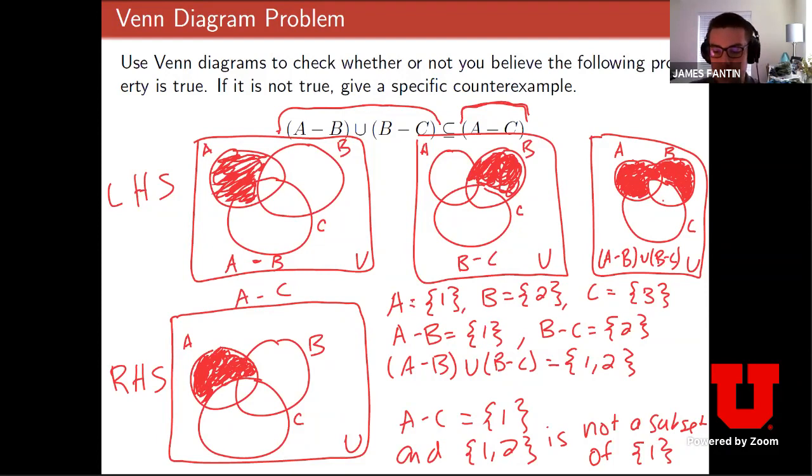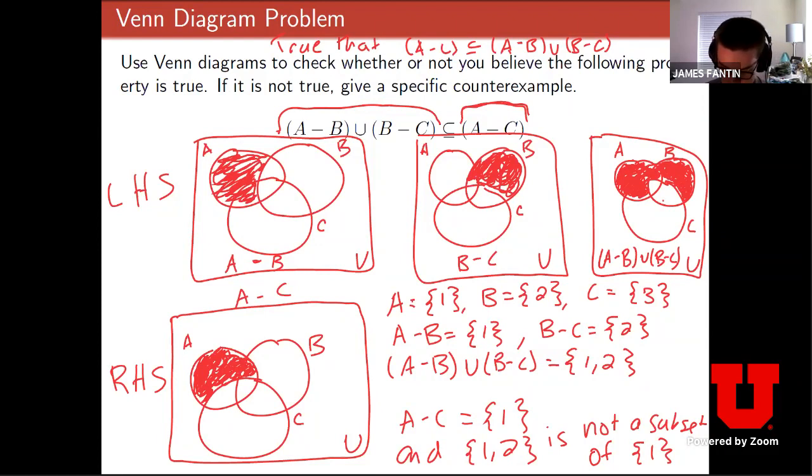Somebody asked in chat, had the left-hand side and the right-hand side been switched, would it have been true? Yes, then that would have been true. So it is true that A minus C is in fact a subset of A minus B union B minus C.